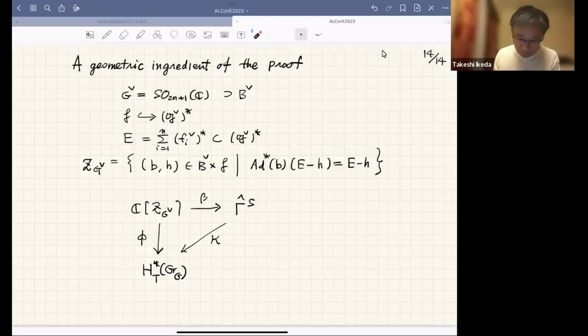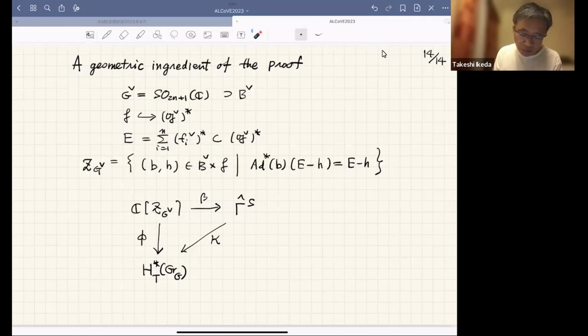B check is the Borel subgroup, and h is just the usual Cartan. This is a Cartan of Sp actually. Anyway, we use the coadjoint action to define this variety by this condition.